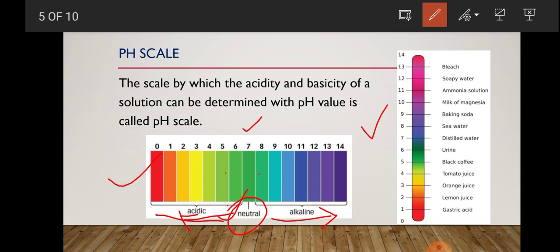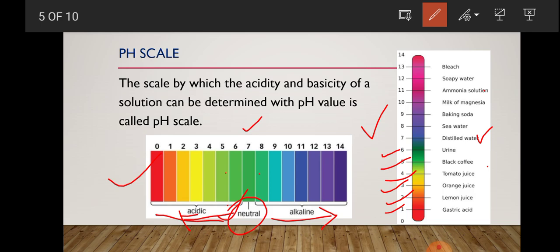Look here, the pH value of distilled water is 7 and the pH value of urine is 6, that is slightly acidic, and the pH value of black coffee is 5, it is also acidic, and the pH value of tomato juice is 4, this is an acidic solution, and the pH value of orange juice is 3, it is also acidic, and lemon juice is 2, and gastric acid where HCl is present has pH 1 and it is a strong acid.